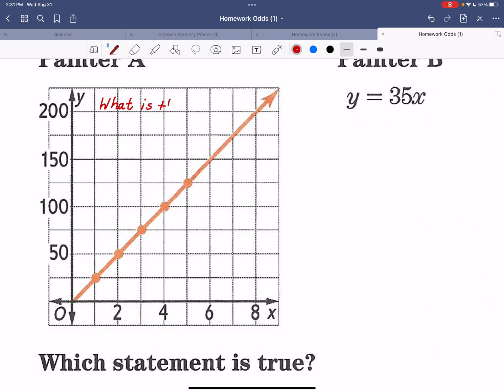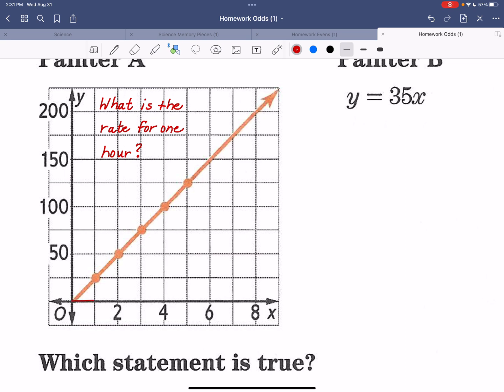What is the rate for 1 hour? That's the unit rate. And remember, that's also the slope. But in this situation, I want to know the rate for 1 hour. And I can tell you that just by looking here.